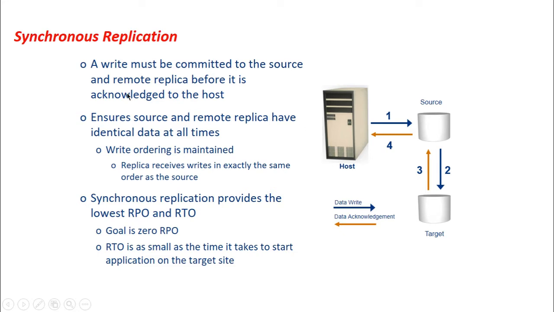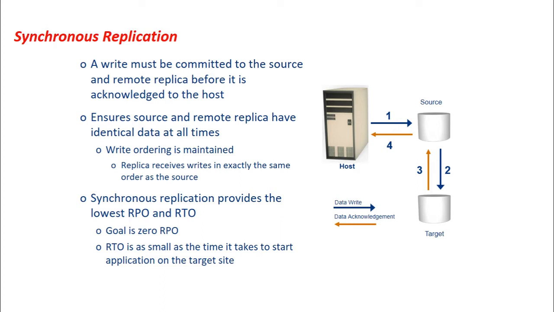Synchronous replication ensures source and remote replica have identical data at all times. There will not be any difference in the data between the source and the target at any point of time.